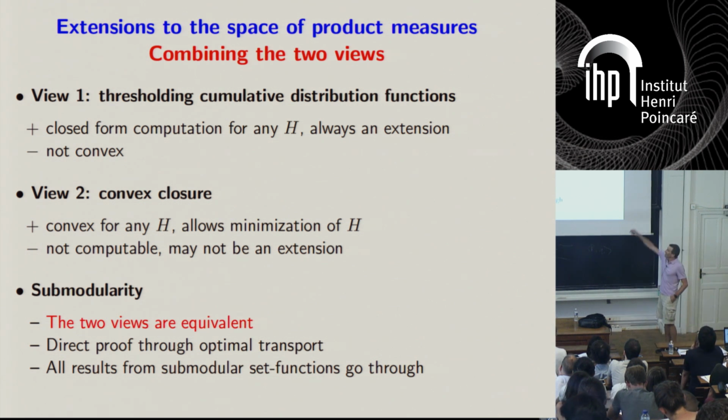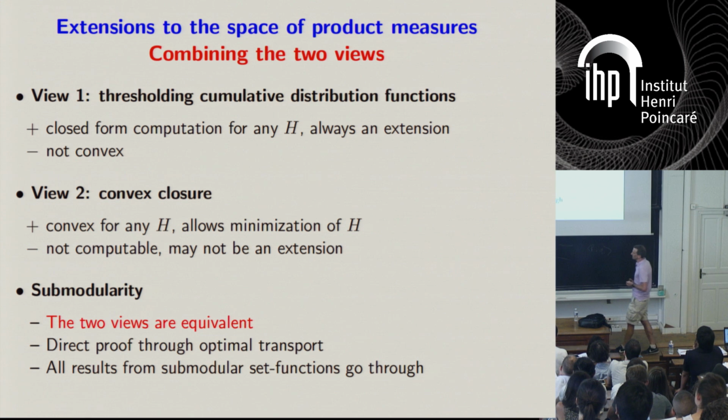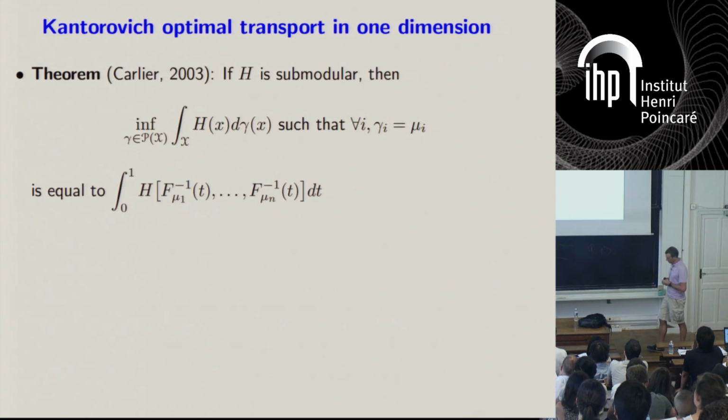Okay, so for the moment I've done nothing. I've just reformulated the problem. I've defined two extensions, and now this is where submodularity comes in, through a very nice result by Guillaume Carlier, stating exactly what I wanted: the convex closure is equal to my extension.